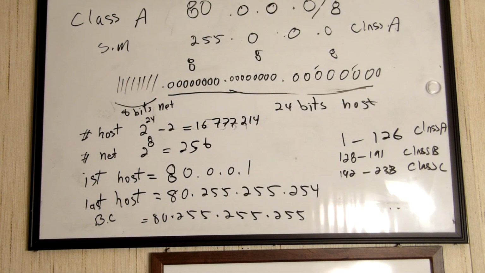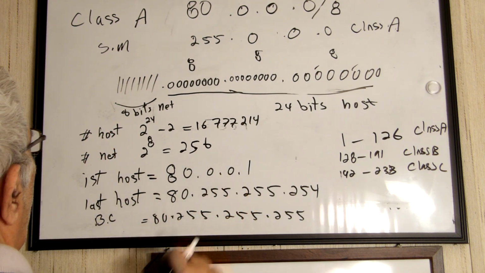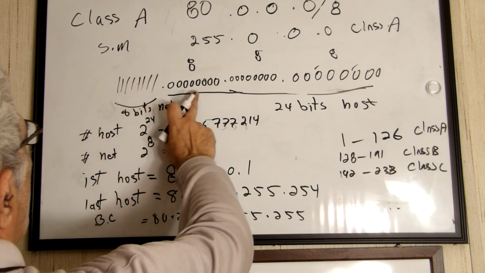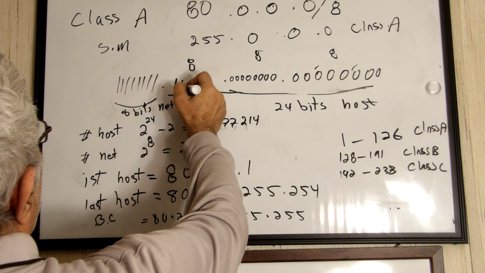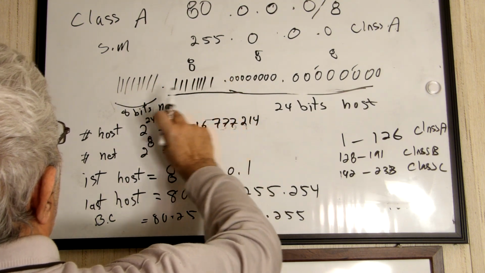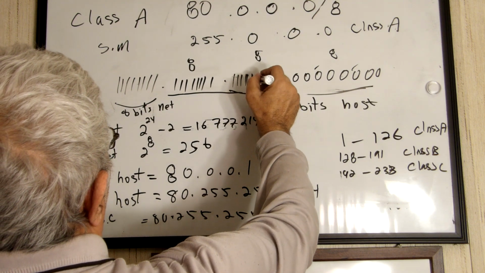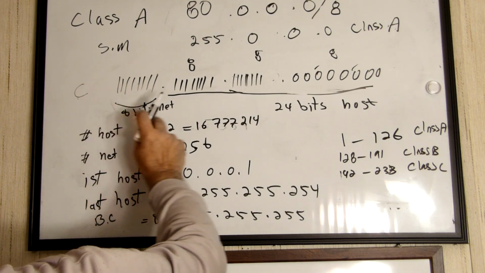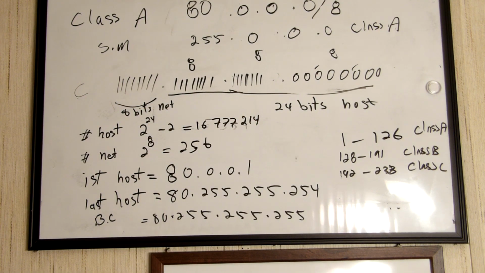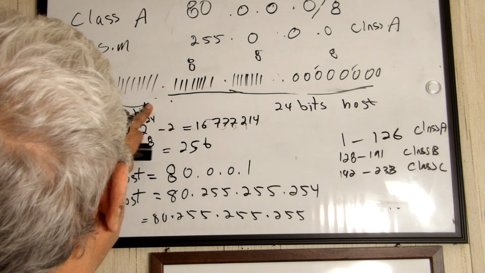And this is class A. Class B was ones. See, if this is 1, it's going to be class B. And again, this is class C. The number of hosts is minimum, the number of networks is maximum.